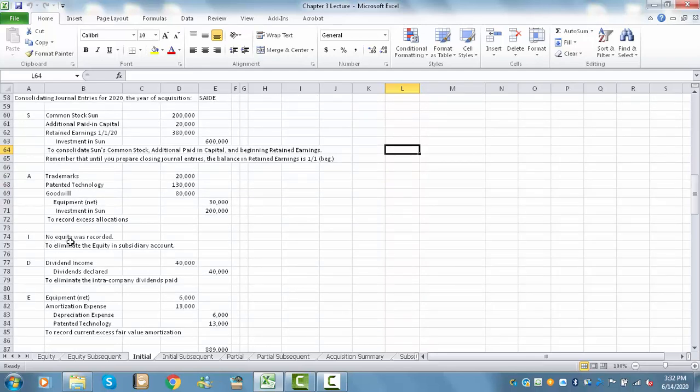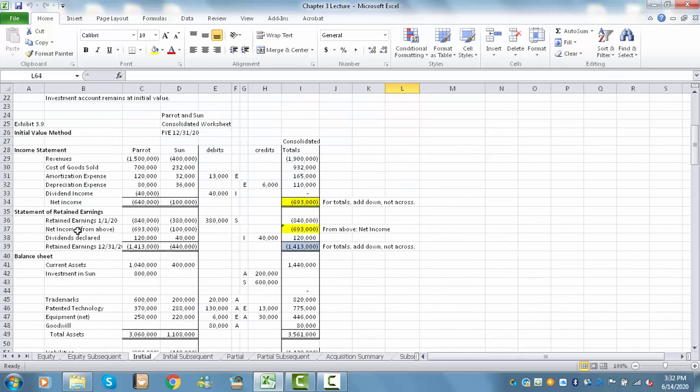Since we don't record equity, we can't eliminate equity; we have dividend income instead of investment in the subsidiary, so we remove the dividend income and the dividends declared. So we had dividend income here and dividends declared here, so we remove those.